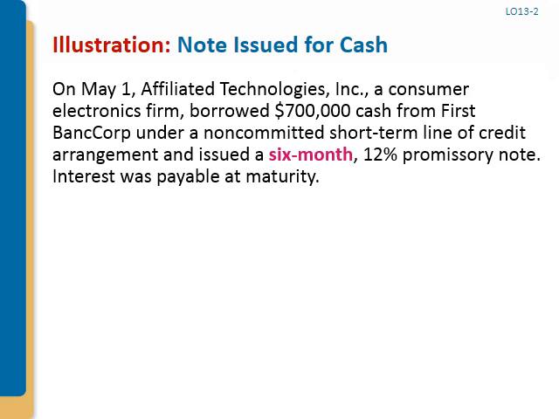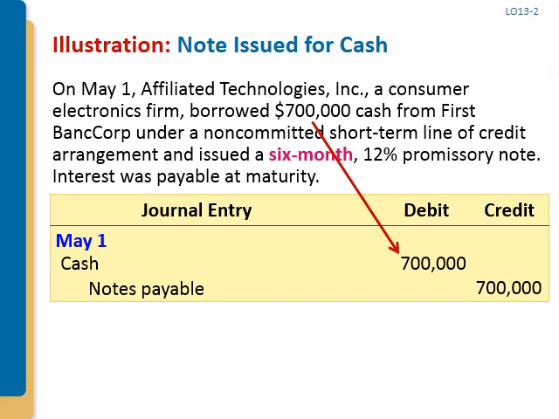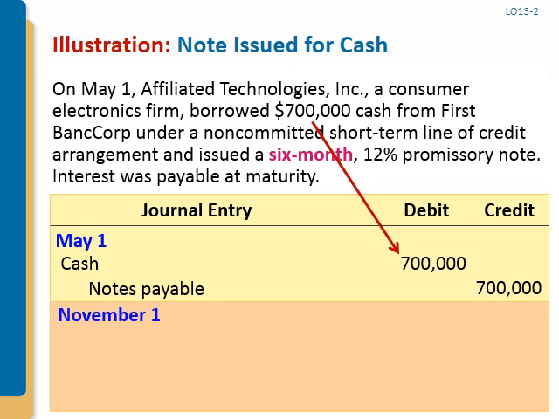As an illustration, Affiliated Technologies issued a 6-month, 12% promissory note on May 1st. To record the issuance of the note, we debit cash and credit notes payable for $700,000. Next, on November 1st, we record the interest on maturity of the note. The interest is calculated by multiplying the face amount of $700,000 by the 12% interest rate adjusted for 6 months.